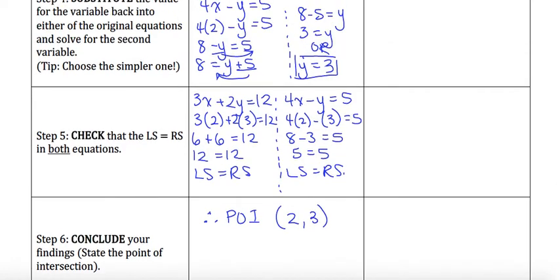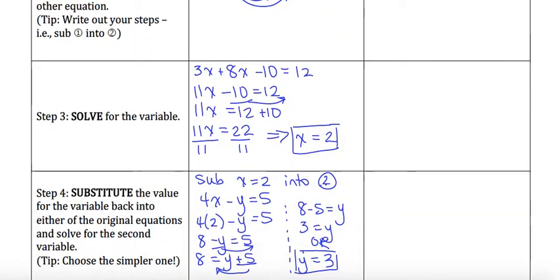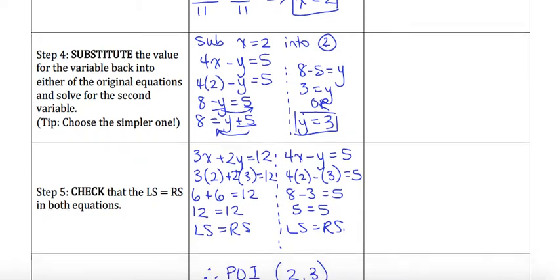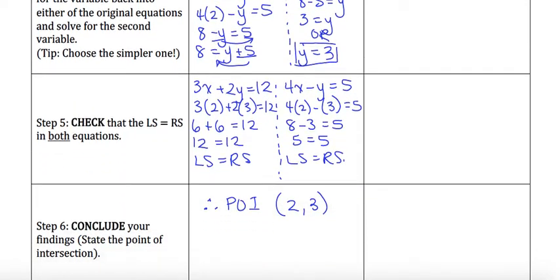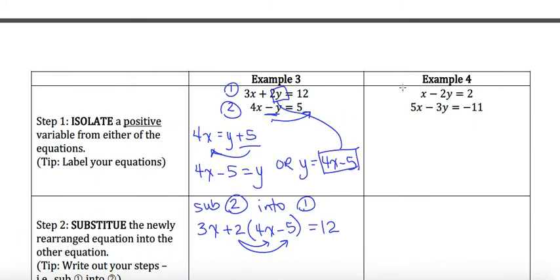Last example. Label your equations 1 and 2. And we want to isolate. So we want to isolate a positive variable from either of the equations.